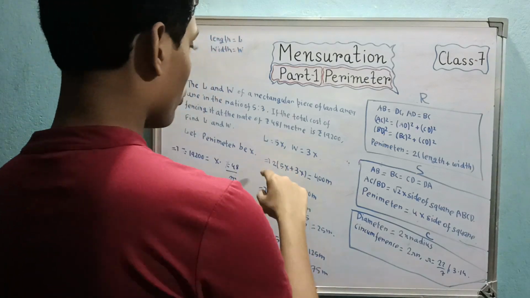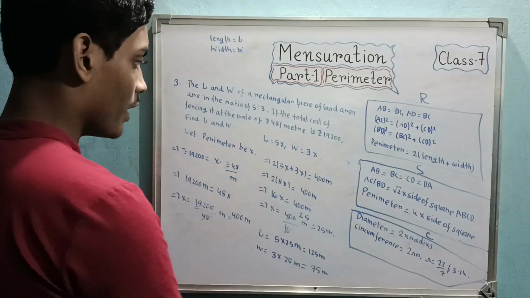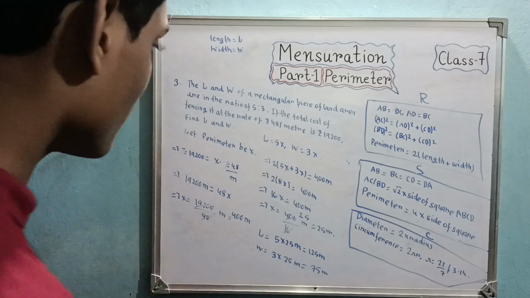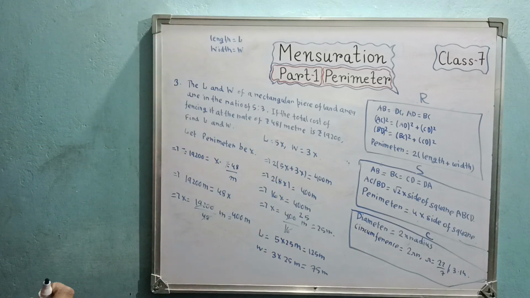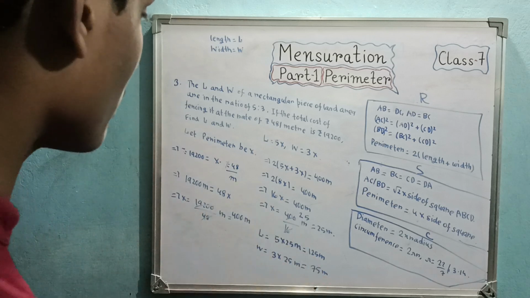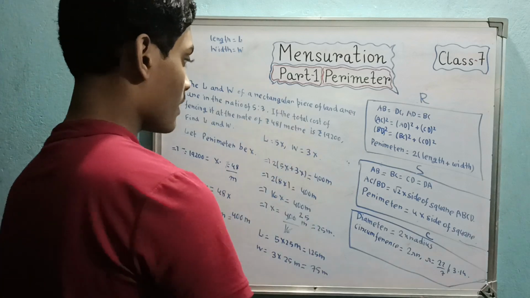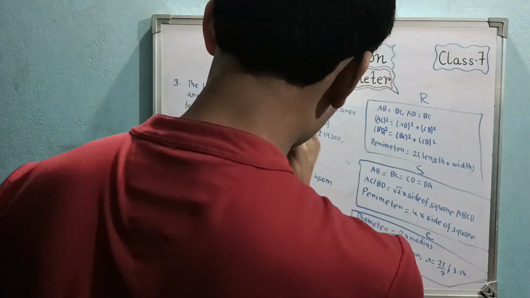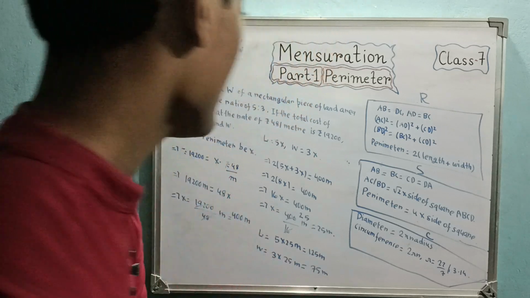Then 2 into length plus width, or 2 into 8x equal to 400 meter, 16x equal to 400 meter, and we got x as 25 meter. From there you can easily find the length and width by substituting the value of x in 5x and 3x, and get the length and width as 125 meter and 75 meter.